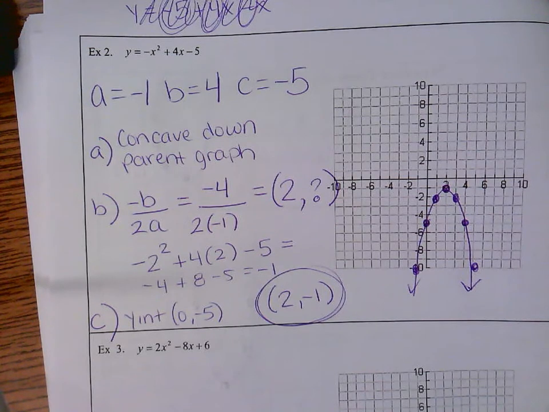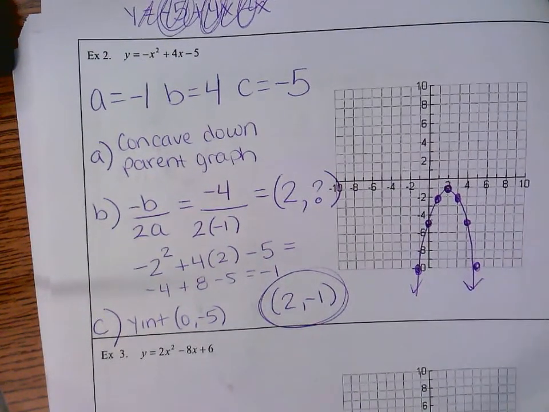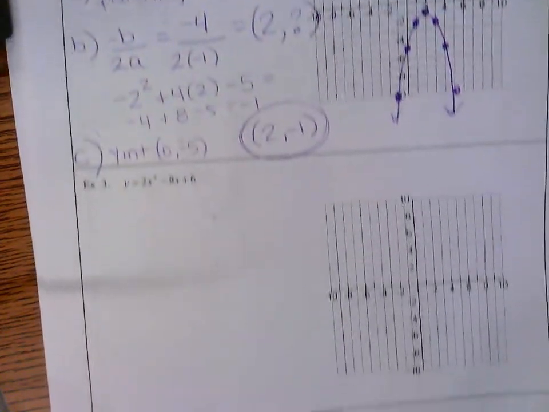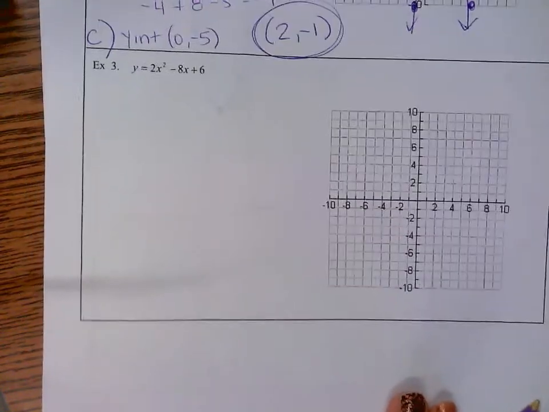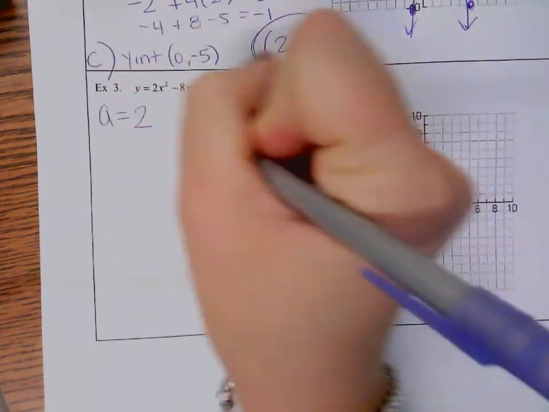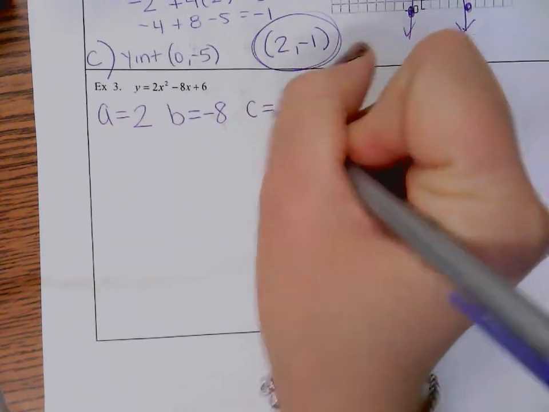All right, one more together. And so this is a little bit more labor intensive, isn't it? On vertex form, I literally could plot the vertex and just go. This takes a little bit more work when it's in standard form. Can I go down to the last one? All right, so I'm going to identify my A value is 2, B value is -8, and C value is 6.